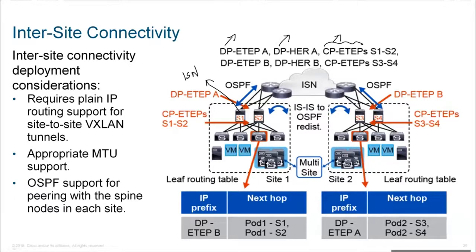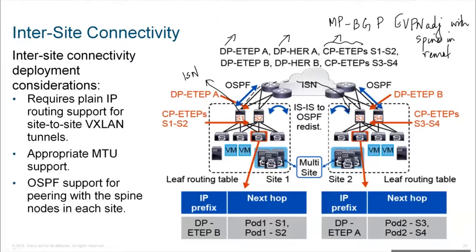They actually need to establish MP-BGP EVPN, Ethernet VPN adjacencies with the spines in the remote sites. That's a unique IP assigned to every spine.